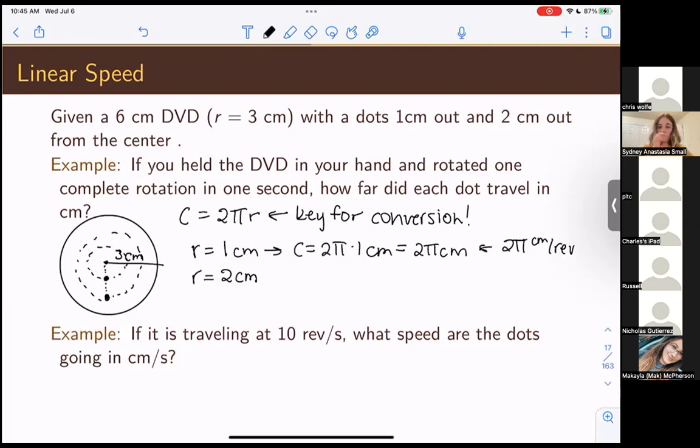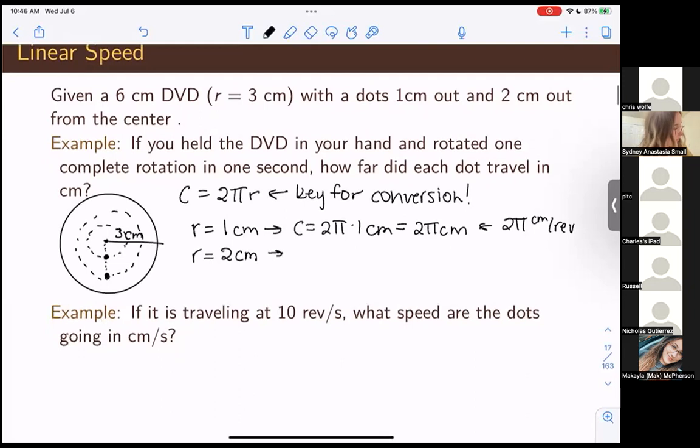Similar idea for the dot that is 2 centimeters out from the center. When we rotate the CD around, it will go in a circular path that has a radius of 2 centimeters. So to find the linear speed here, we know that the circumference is 2 pi times 2 centimeters this time, which is equal to 4 pi centimeters. So similarly to last time, the dot that is 2 centimeters out from the center is traveling at a speed of 4 pi centimeters per revolution.